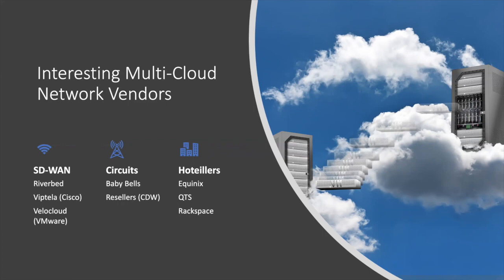A hoteler will say, hey, you know what, we'll give you a 1 gigabit connection or a half a megabit connection, or the whole 10 gigabits to cloud providers. So not just a single cloud provider, but they will share routes to you to all of the cloud providers they have co-located in their facilities, so that you kind of, again, kill two birds with one stone.